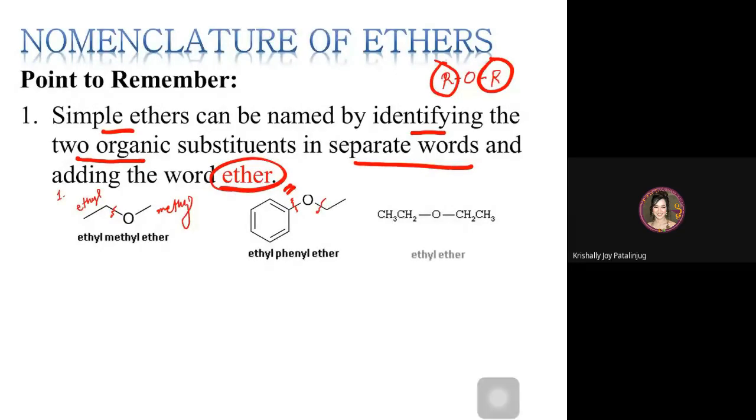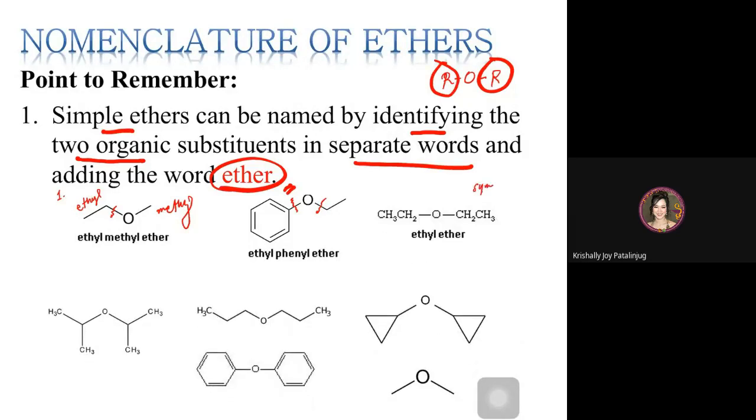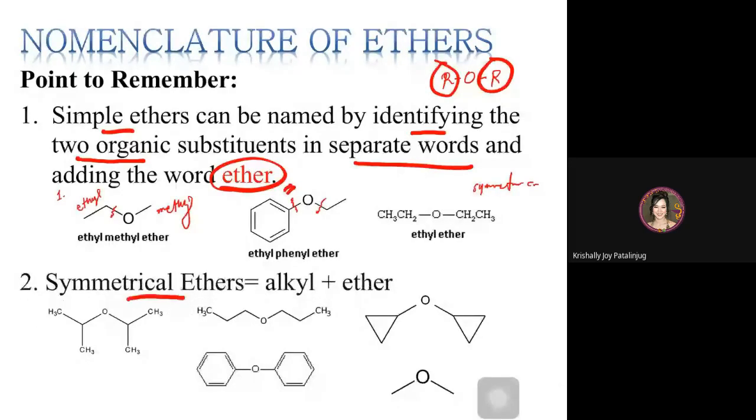Now, for symmetrical, this is an example of symmetrical ether. So take note, pag symmetrical ethers, ibig sabihin, katong duha ka R groups parehas. In naming, you simply identify that alkyl group. Parehas raman, so simply identify what is that common nga alkyl group sa ilaha.